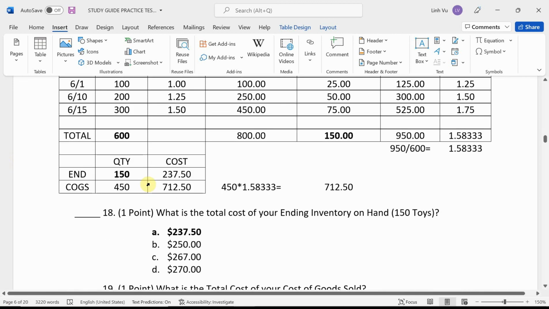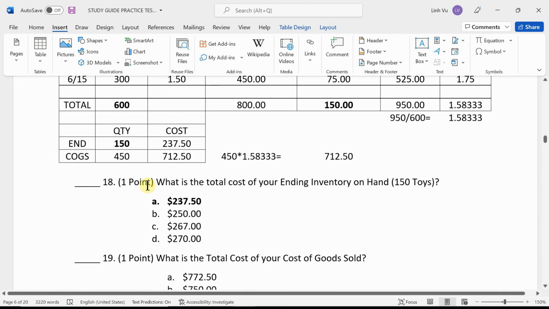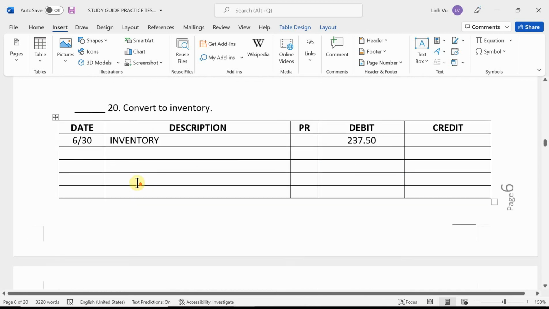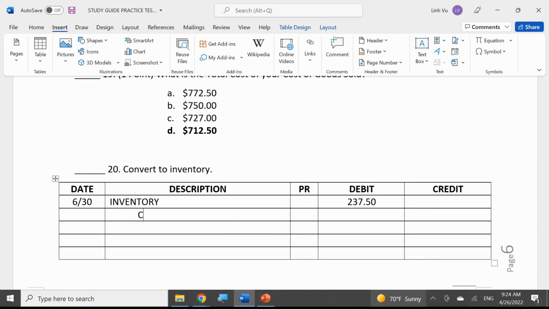What else am I going to recognize? Cost of goods sold. You're going to recognize that you sold some units along the way. For how much? 712.50. Good.